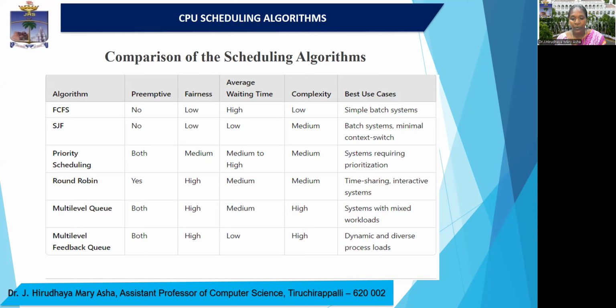The multi-level feedback queue has the highest complexity, so dynamic and diverse process loads are handled here. While using the FCFS policy, simple batch systems can be used. Here the waiting time is high, but the complexity is low. Compared to these algorithms, round robin and multi-level queue have the lowest average waiting time and high fairness.